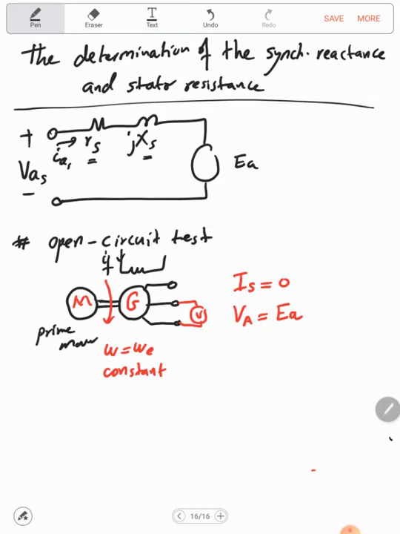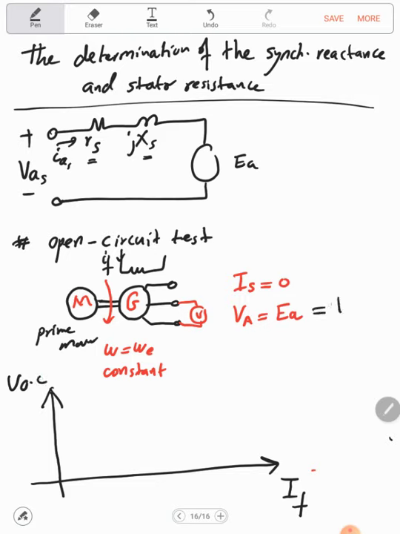So simply here we can plot the relation between IF and V open circuit, at constant speed. Now increasing the IF will increase the terminal voltage until it's saturated.